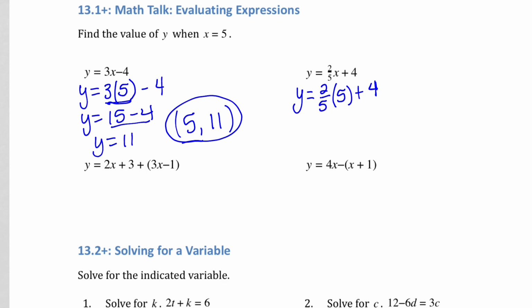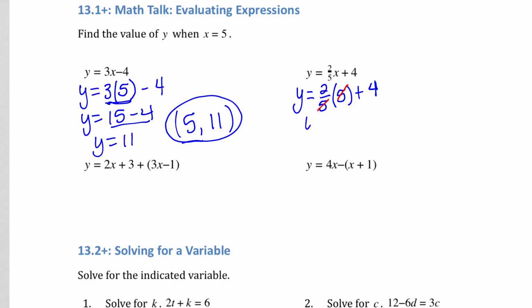We could either say 5/5 is 1, so we have 2 left over, or we could say 2 times 5 is 10, and 10 divided by 5 is 2.